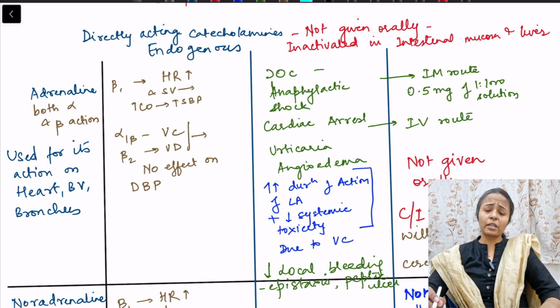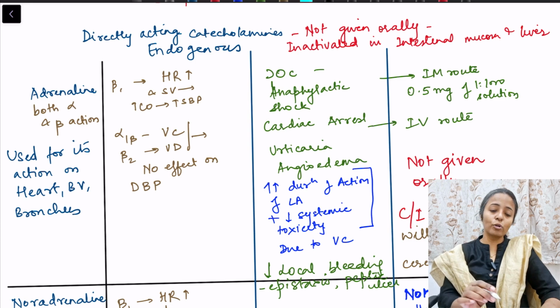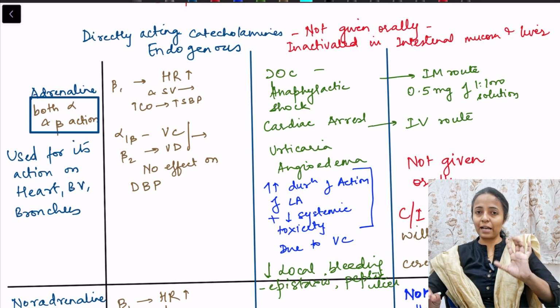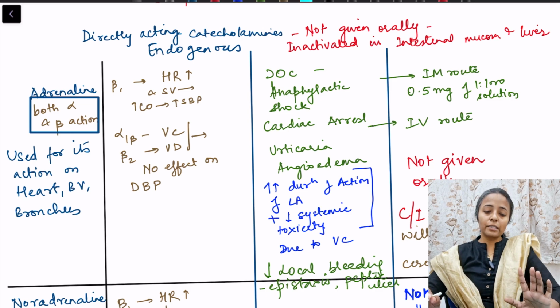Okay, now I told you before, adrenaline has both alpha and beta action. In low doses, beta action is more: beta 2 action on the blood vessels is more, alpha action on the blood vessels is less. Since it has both alpha and beta action, it is the drug of choice for anaphylactic shock.